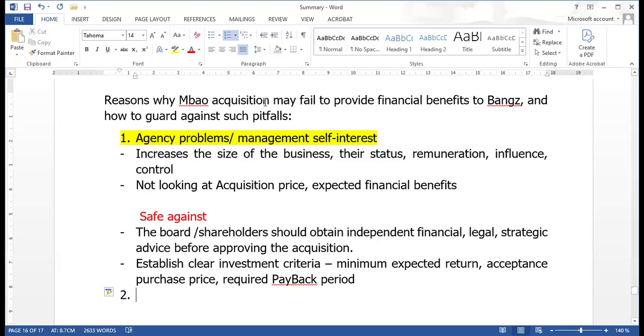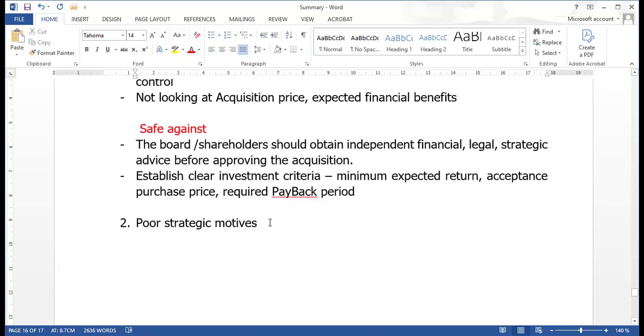Why the acquisition may fail to provide the financial benefit. Point number two, poor strategic motives. Number two is poor strategic motives.